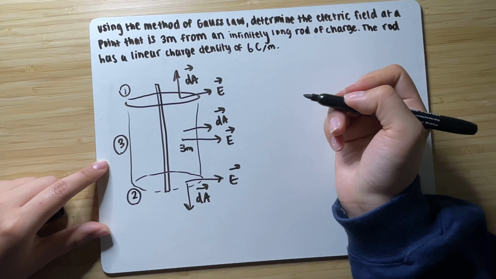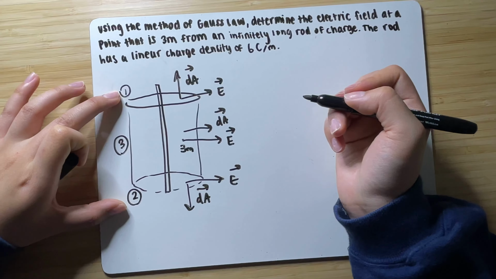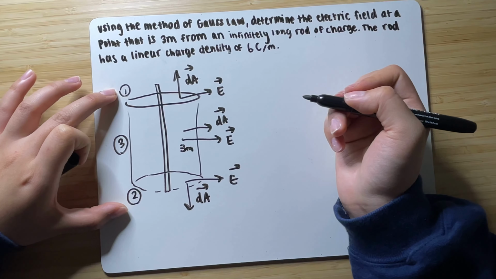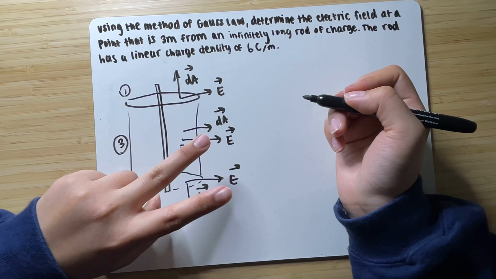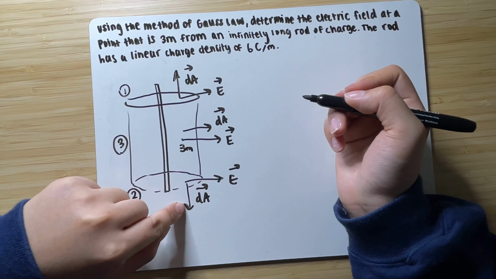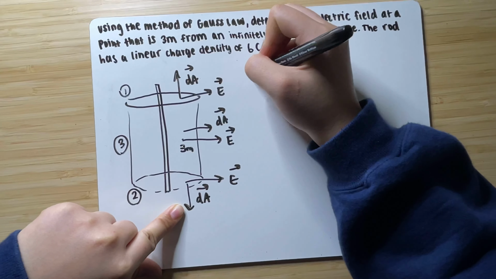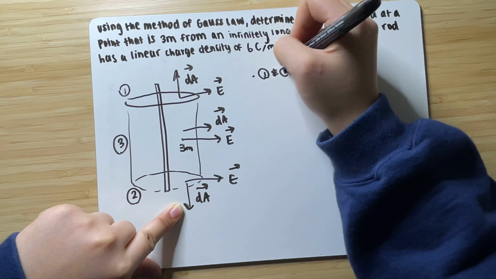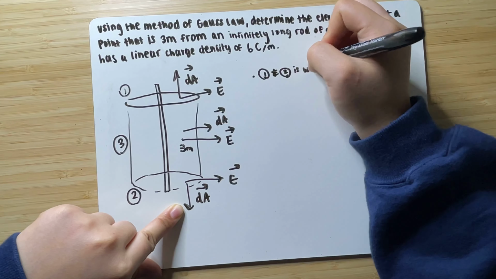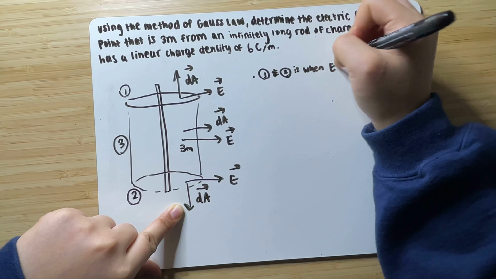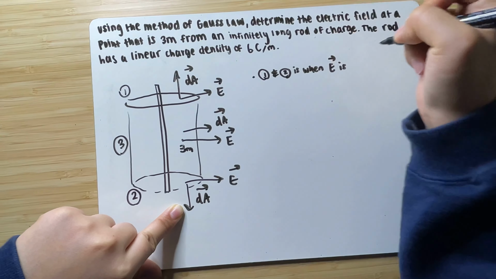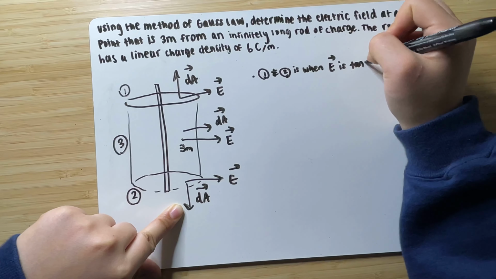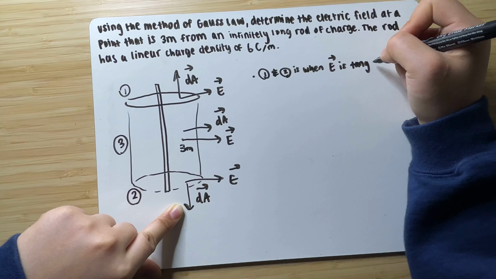All right. So our top and bottom points are when our E vector is perpendicular to our surface area vector. So let's write that down. Point number 1 and point number 2 is when E is perpendicular, which we can also say is tangent, because perpendicular and tangent are used synonymously.